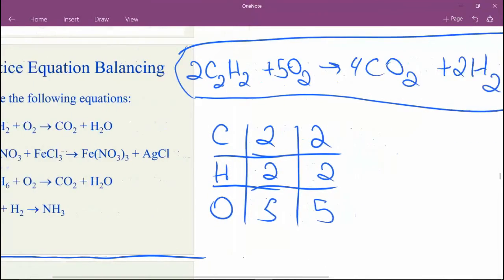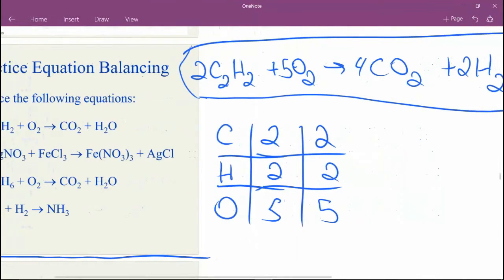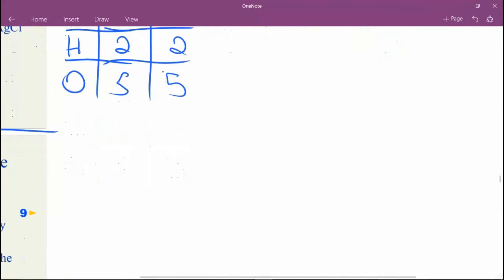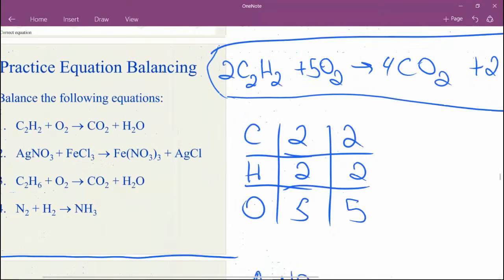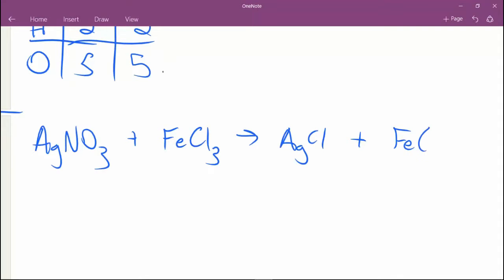All right, let's try another one here. So we have silver nitrate plus iron chloride. Okay, so silver nitrate, and what is it, iron 3 chloride, plus iron 3 chloride will produce silver chloride plus iron 3 nitrate.